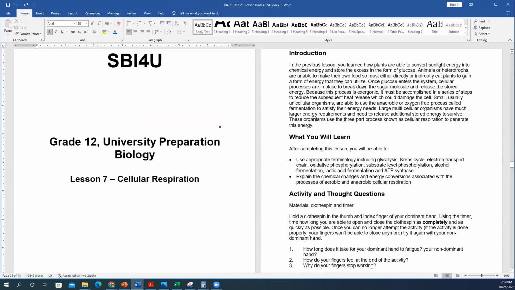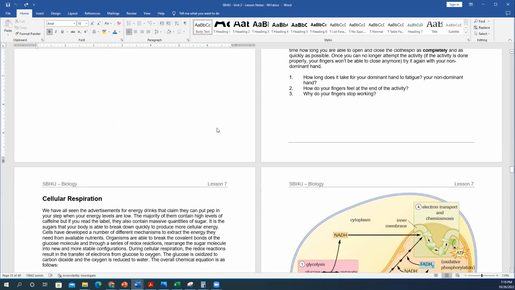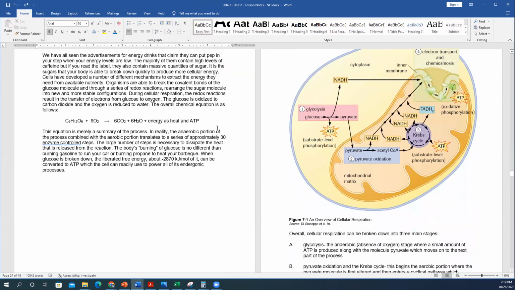And then in cellular respiration, this glucose can be used to provide even more energy in the form of ATP. And this happens through the reactions under the process of glycolysis, pyruvate oxidation, and Krebs cycle.